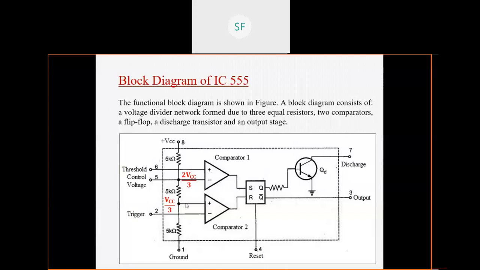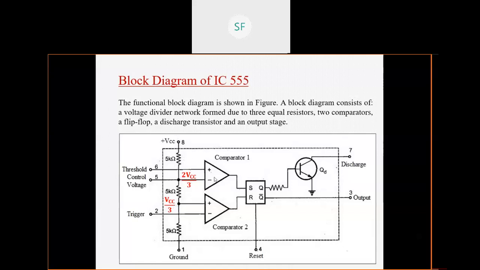We have analyzed this particular network and found the values at these points. The voltage value of this particular point was VCC by 3, and at that particular point the voltage value will be 2 VCC by 3. Okay, so we are done with this voltage divider network. You have to remember these 2 points.